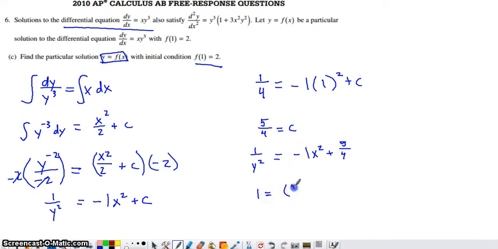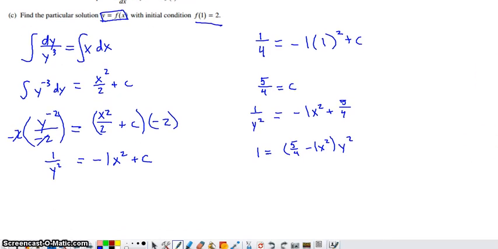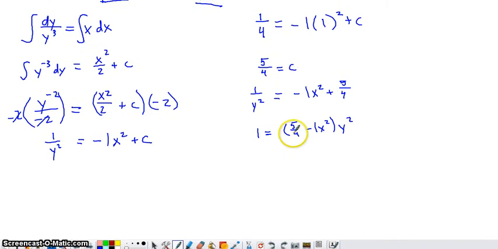I'm going to write this with the 5/4 listed first, and then minus x squared second. And then I'm multiplying that by y squared. If I'm trying to solve for y, I'm going to have to get all of this stuff over onto the other side. So I'm going to have 1 over 5/4 minus 1 minus x squared, and that's going to be equal to y squared.